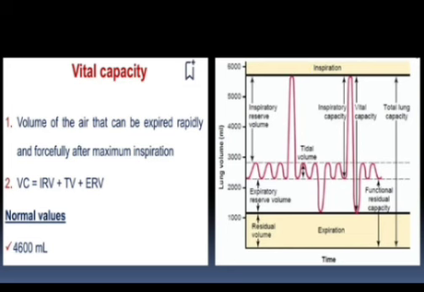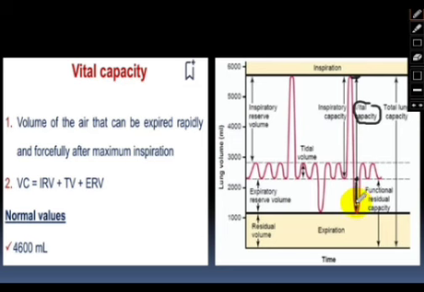Vital capacity is over here. So it starts from the inspiratory reserve volume, it crosses the tidal volume, alright?